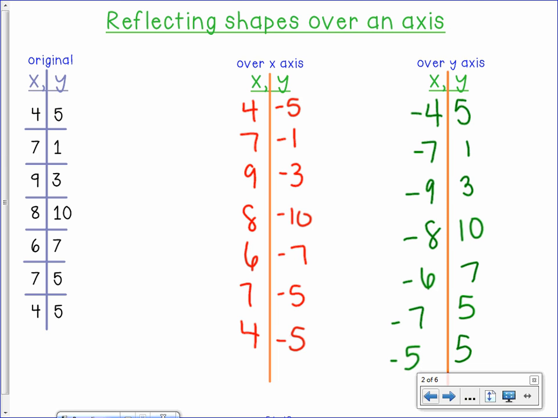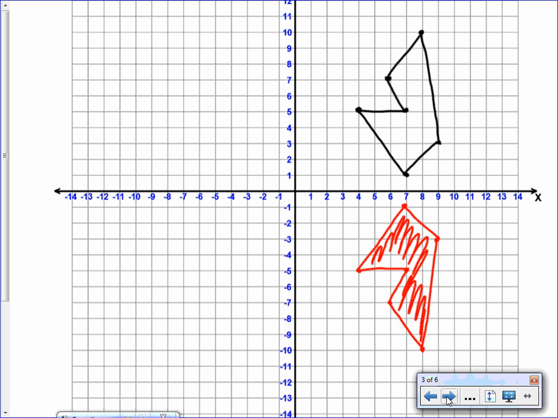Okay, if you have all your coordinates ready, go ahead and take your third color, so the one you have different, and go ahead and plot those points. So first you have to go to negative 4 and up 5. Okay, make sure you watch those negative signs. Your shape will be in the wrong spot if you forget those negatives.